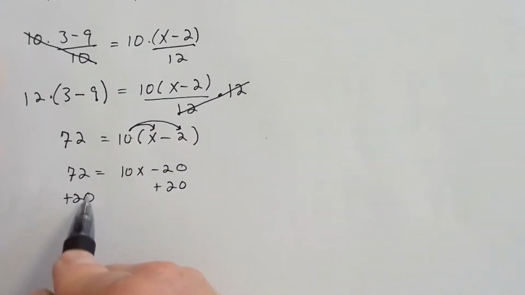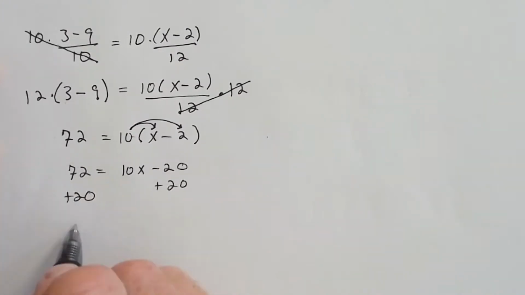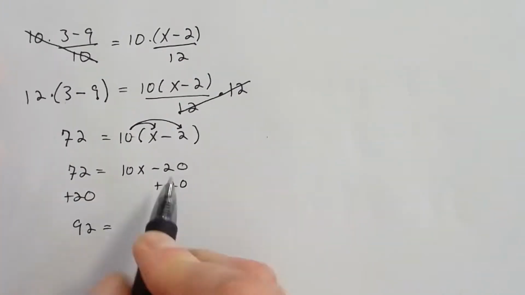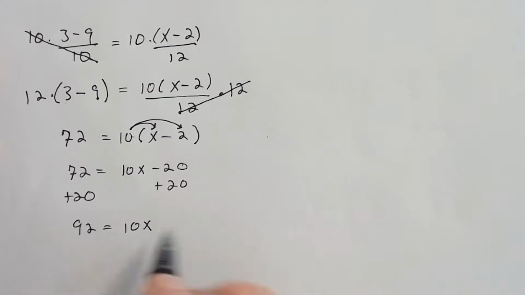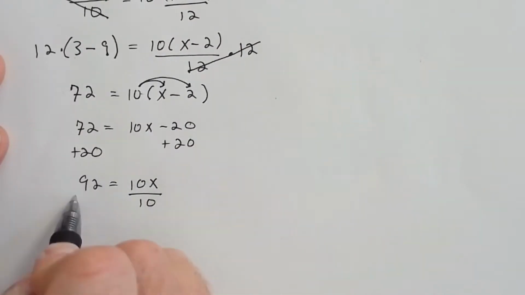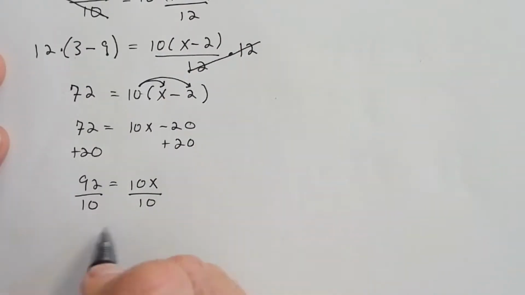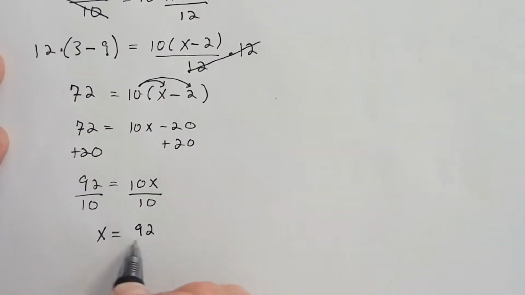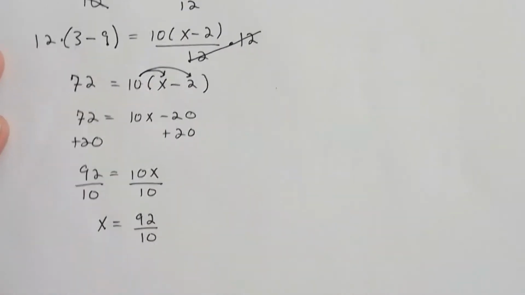And we have 92 is equal to 10x. And so we're going to divide by 10, and we have x is equal to 92 over 10.